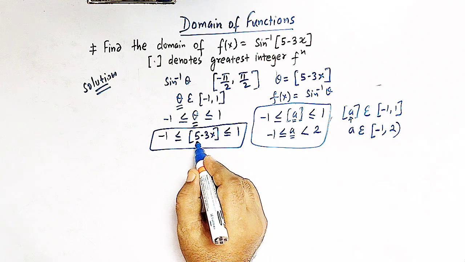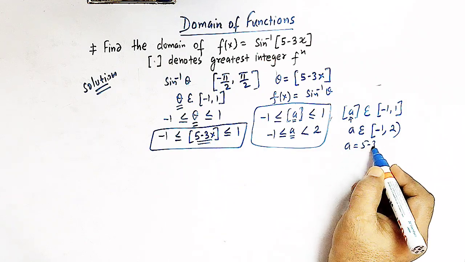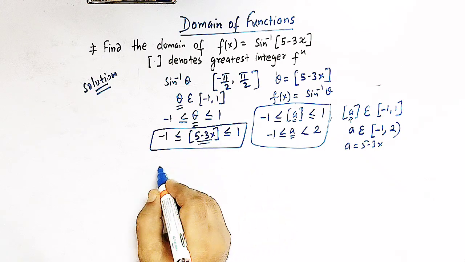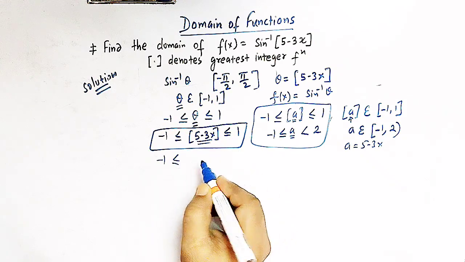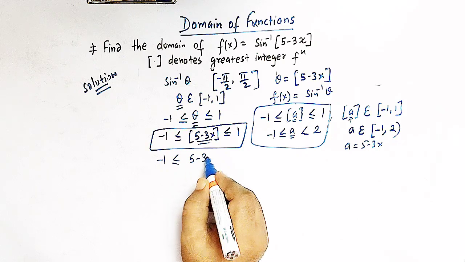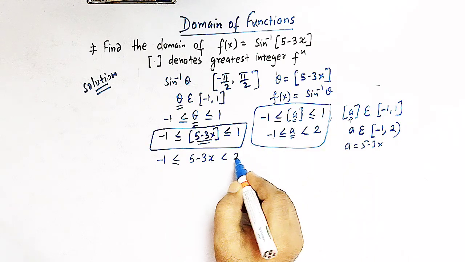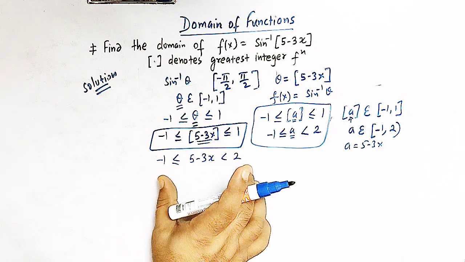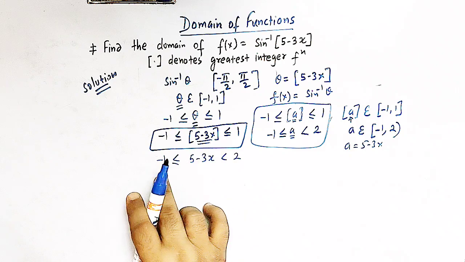So here our a is 5 minus 3x. So we can now form the inequality: minus 1 less than or equal to 5 minus 3x, and here we have 2, right? So now we have this simple inequality, so we can subtract 5 throughout.